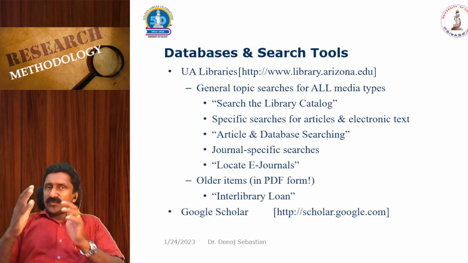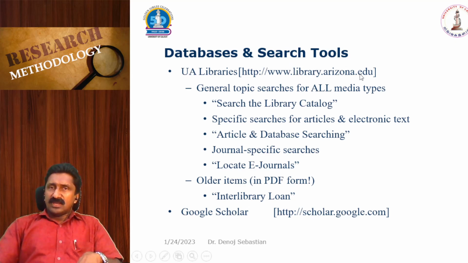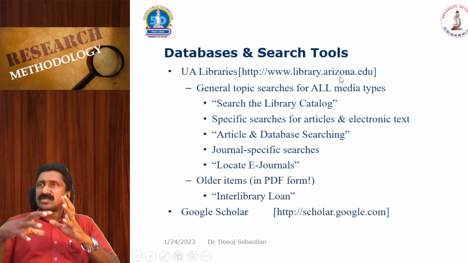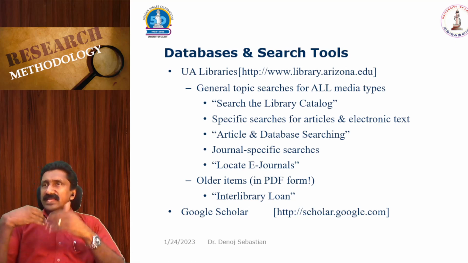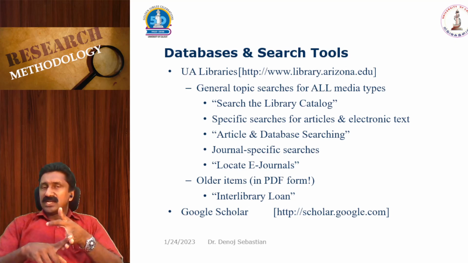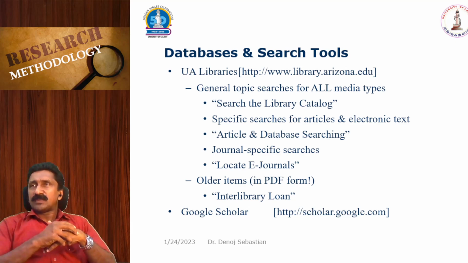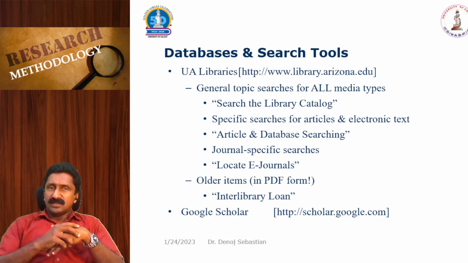There are a lot of options provided by such databases, and this first listing is from the University Library, the Arizona University Library. They provide many types of searches, and what I want to show is that many databases provide various options: catalog search, database search, journal search, e-journal search, etc. So many types of search services are provided by such libraries.